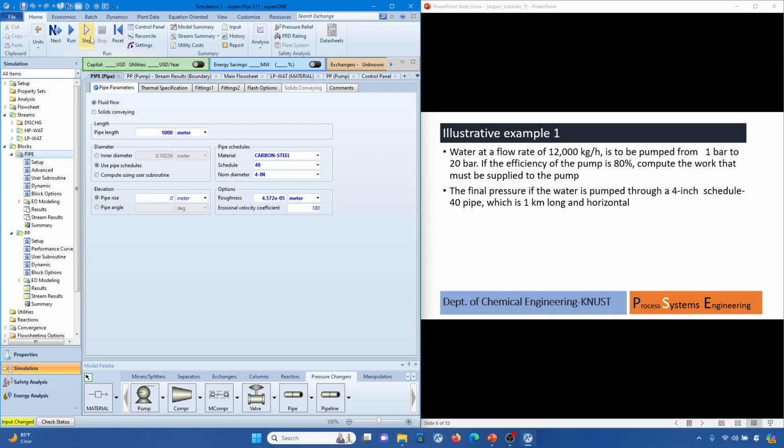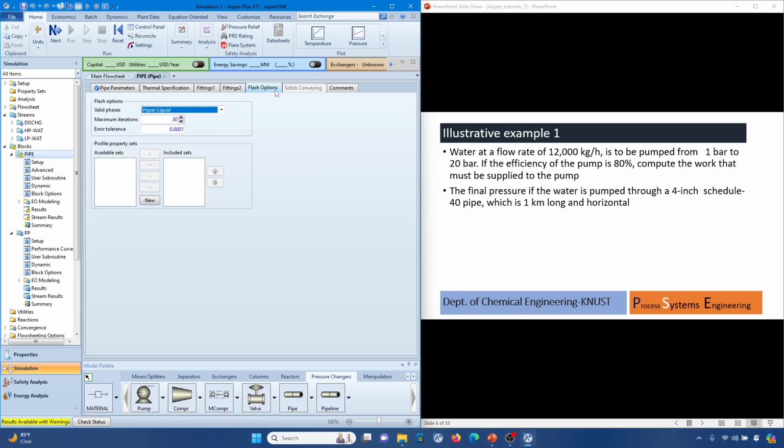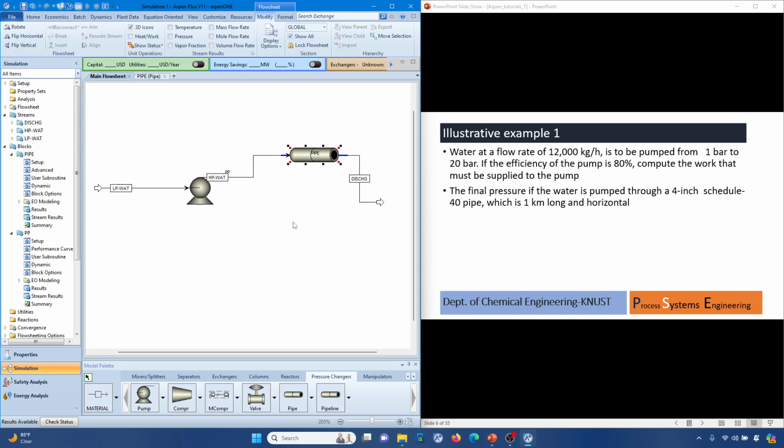Based on that, we can run our simulation. We have a warning because we specified two-phase. We can run our problem once more and you should have the results available.